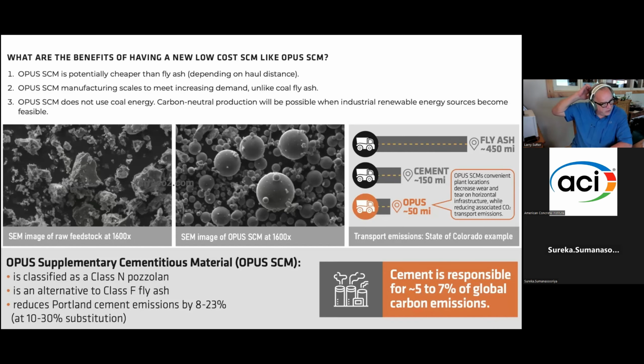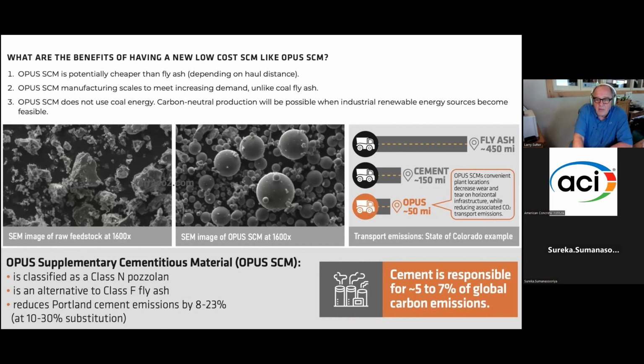If you look at their material, this is from their webpage. You can see on the left the feedstock, very angular, and then once it goes through the process of being melted and then cooled, you end up with something that looks remarkably similar to a fly ash. One of their plans is really to capitalize on transportation costs by lowering transportation costs, I should say.